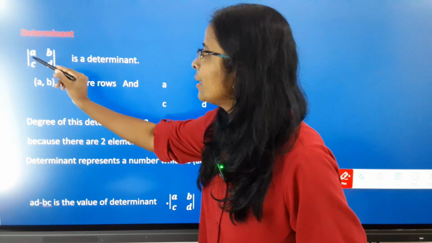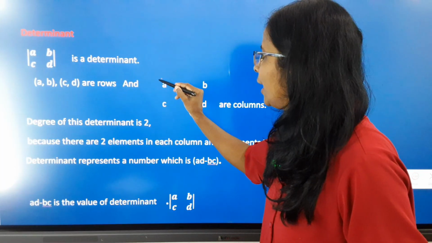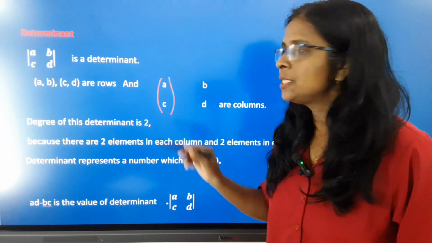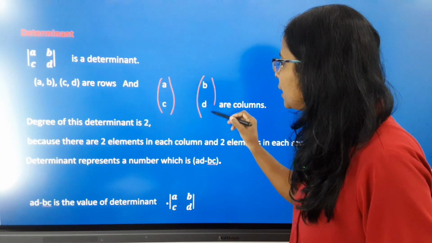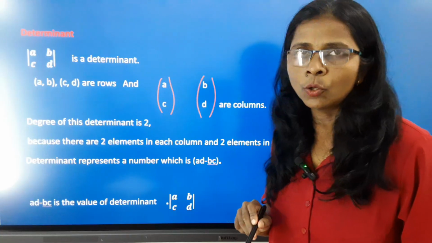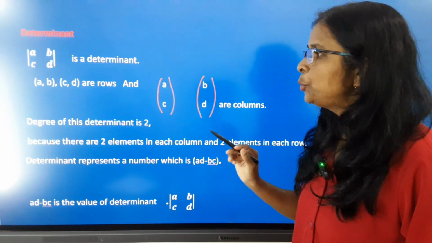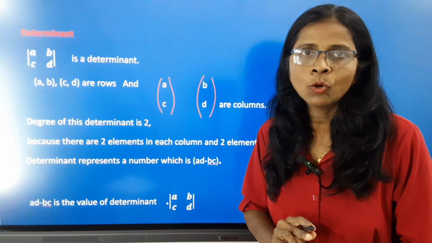The points A, C are the first column, and B, D is the second column.